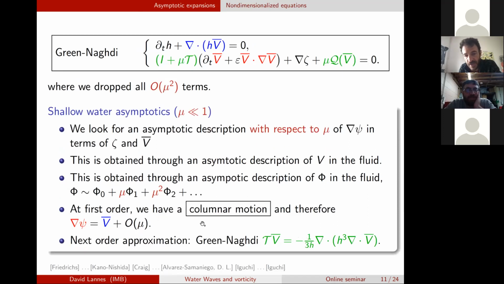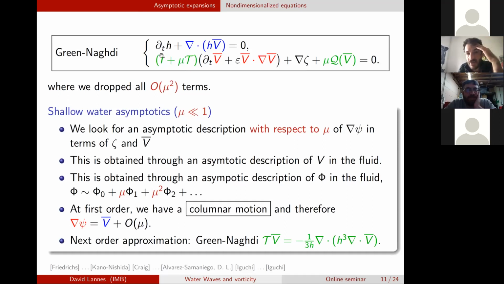I forgot the T of v bar here, which is a second order operator. And then when you replace this in the equation, you find a perturbation of the nonlinear shallow water equation by Green-Naghdi terms, and these terms are due to this higher order dependence of the velocity field in terms of the vertical variable.